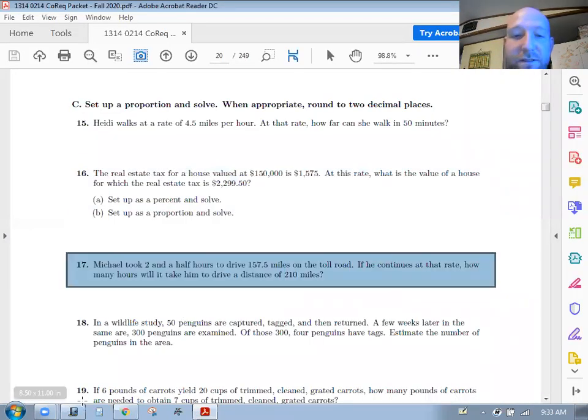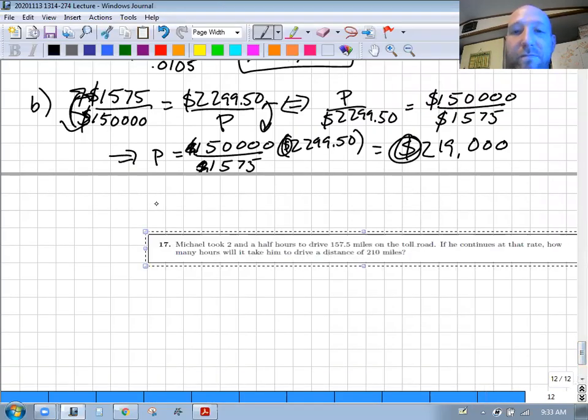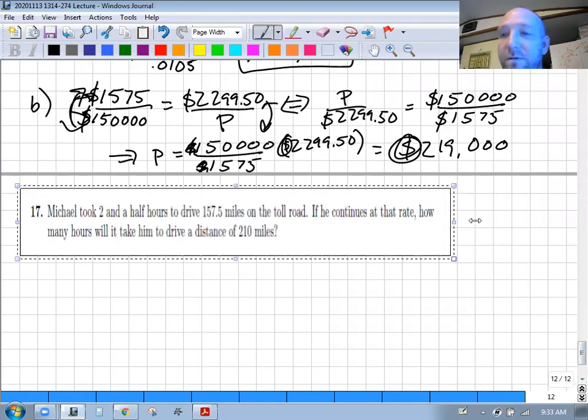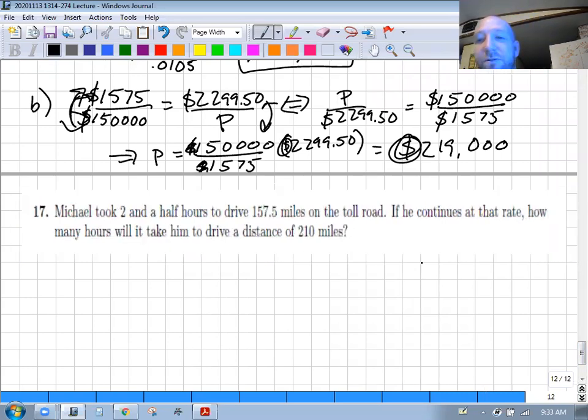Check out 17. Michael took 2.5 hours to drive 157.5 miles on the toll road. If he continues at that rate, how many hours will it take him to drive a distance of 210 miles?